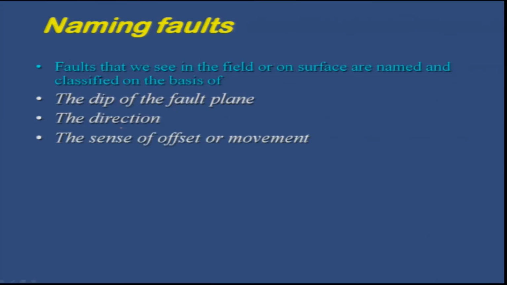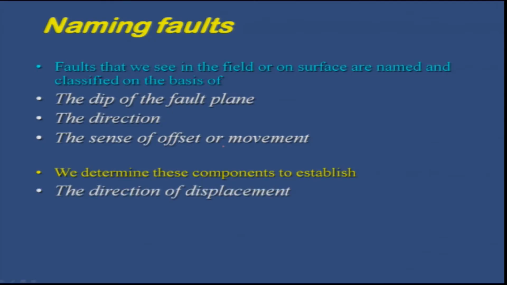Then we talk about the sense of offset: whether the block has moved up, or moved down, or passed by each other laterally. With the help of this we establish mainly the direction of displacement, in which direction the fault moved.